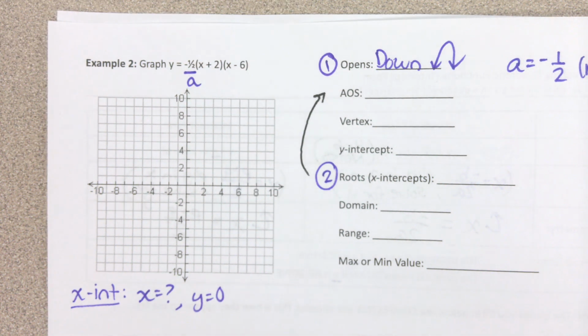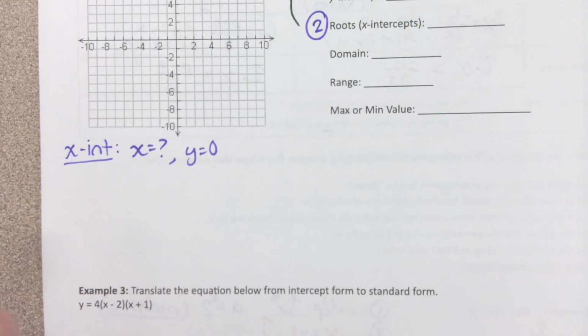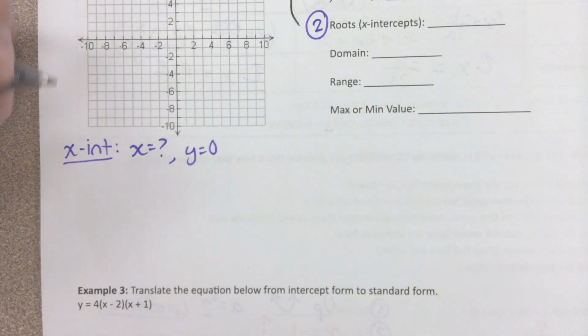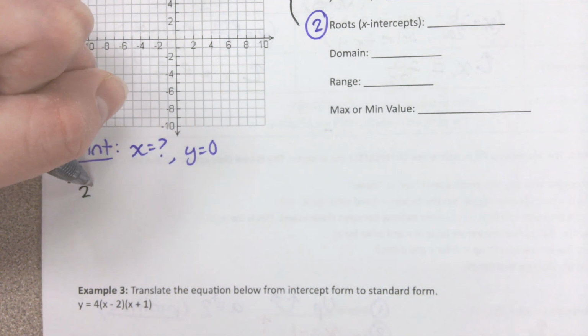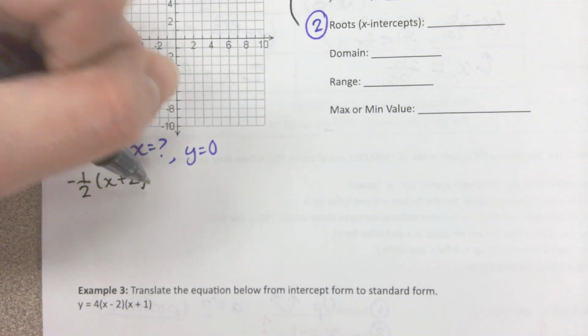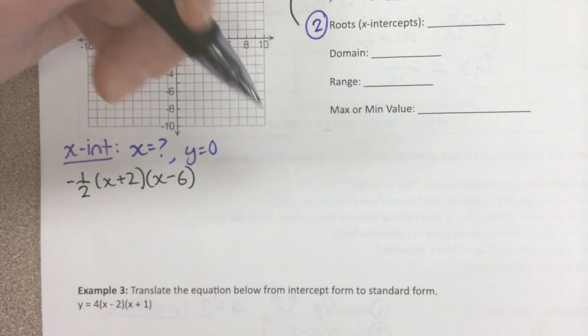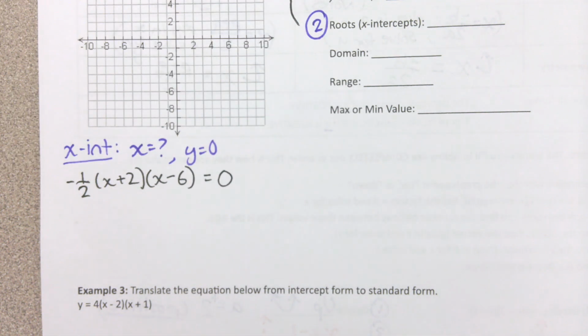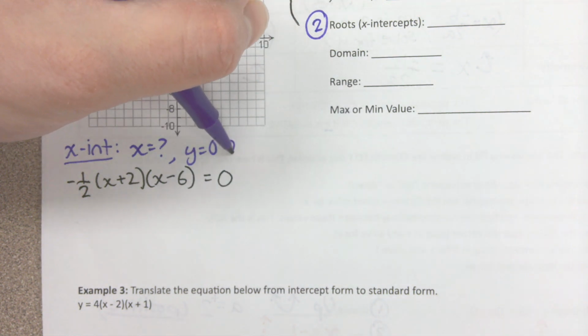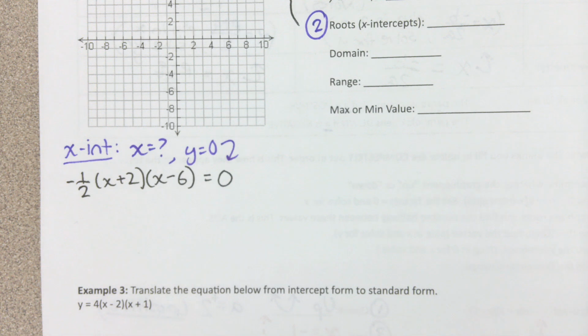I'm replacing y with 0. -1/2 times x plus 2 times x minus 6 equals 0. And again, that's because y equals 0. So that was a y, now it's 0.